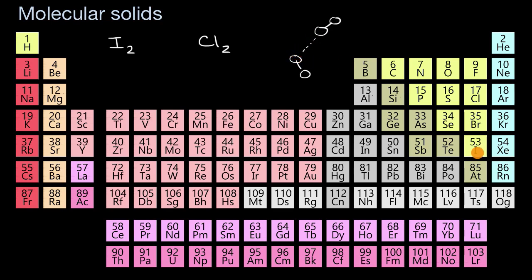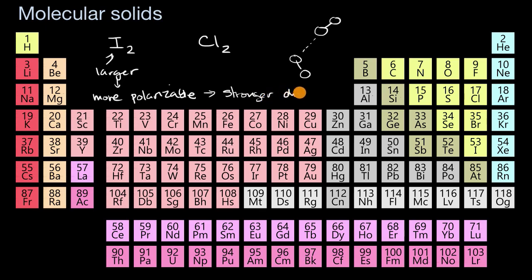So if you compare molecular iodine to molecular chlorine, you can see that iodine is clearly made up of larger atoms and is therefore a larger molecule, which is more polarizable. So it's larger, which means it's more polarizable, generally speaking, which means it has stronger dispersion forces.